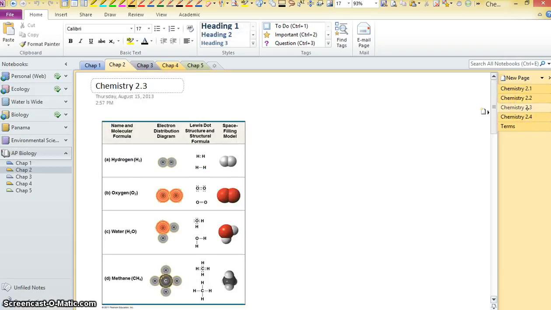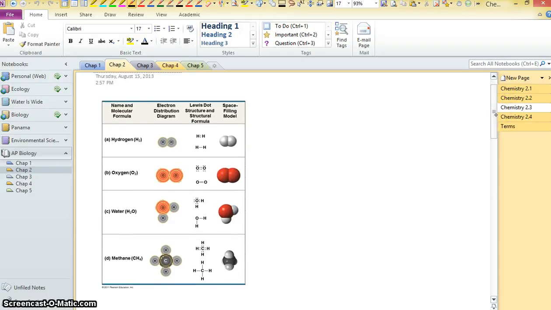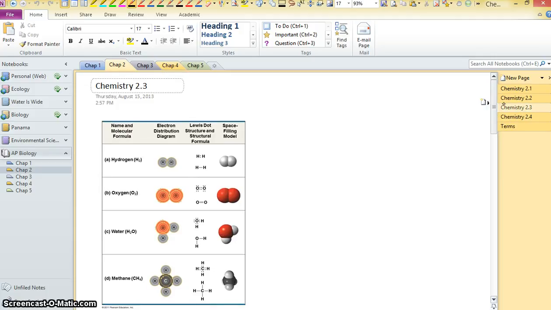Okay, so here are some of the structures you've seen in the past, the way we can think of these different molecules, these different compounds. Which of these is a compound and which is not? Water and methane are compounds, right?